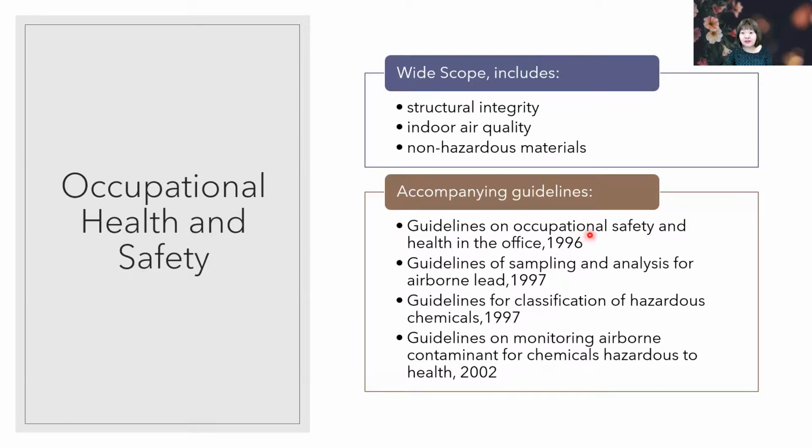So we have guideline for the OSHA, guideline for sampling and analysis for the airborne, for air pollution, classification of hazardous chemicals, and then monitoring contaminants for chemical hazardous to health. So all of this is the guideline. Selain daripada relate kepada OSHA, dia akan back kepada EQA juga, Environmental Quality Act. So it's linkage to each other.